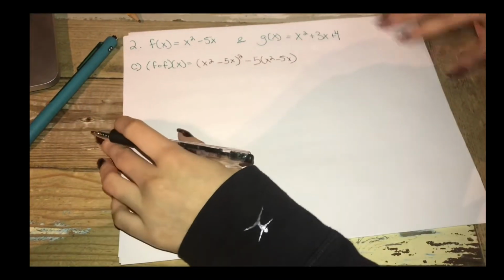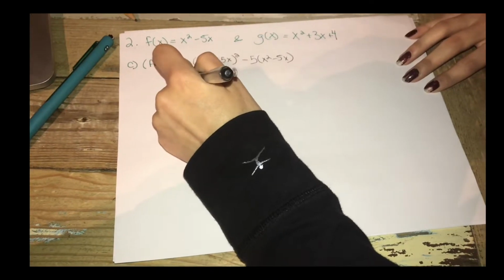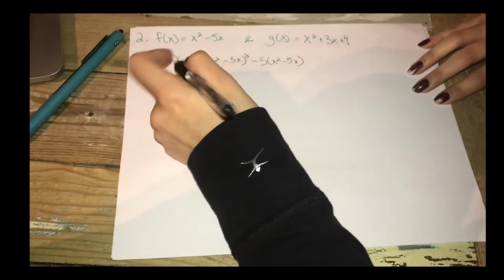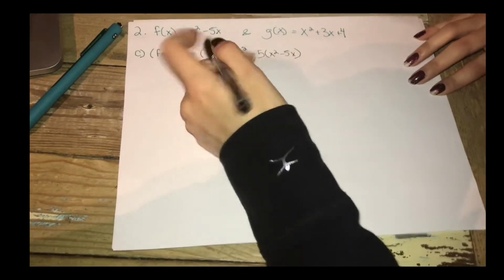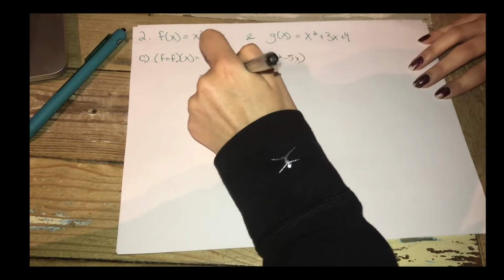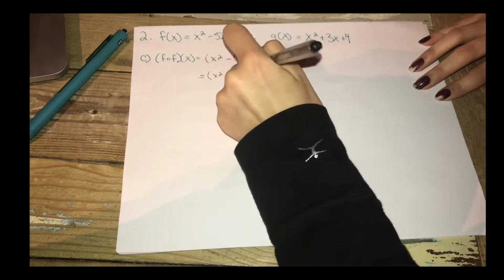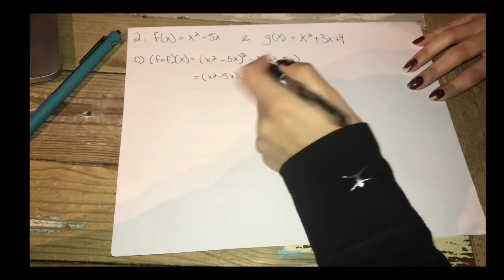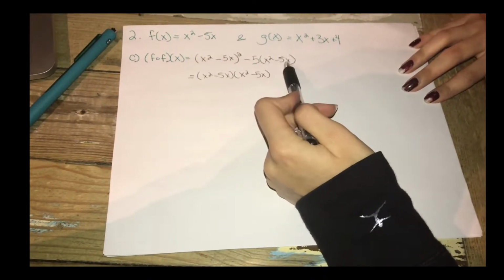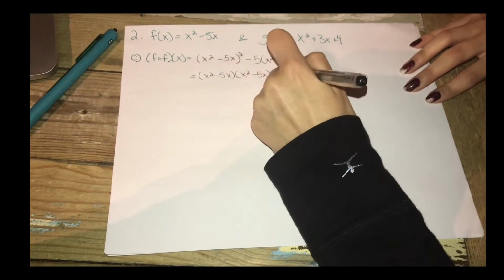Next, you would distribute the x squared minus 5x to multiply by itself since it's squared. So it would be x squared minus 5x times x squared minus 5x. And then distribute the negative 5 into the other equation. So negative 5x squared minus 25x.